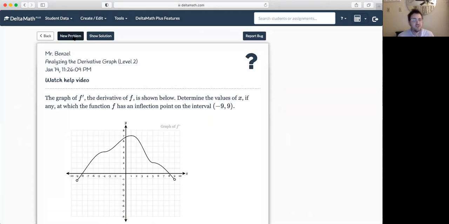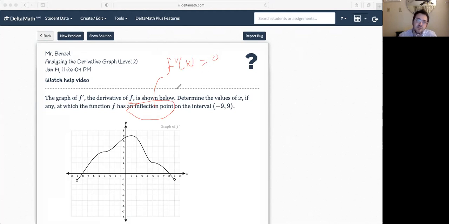Another type of question that you may see is determine the values of x, if any, at which the function f has an inflection point. So what inflection point means is that f double prime of x is equal to 0.